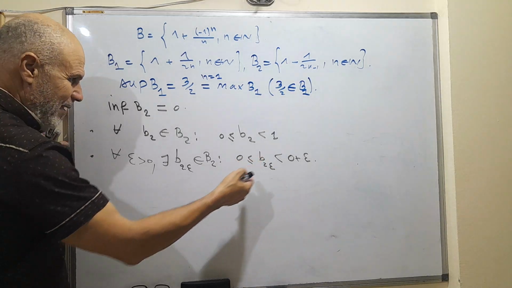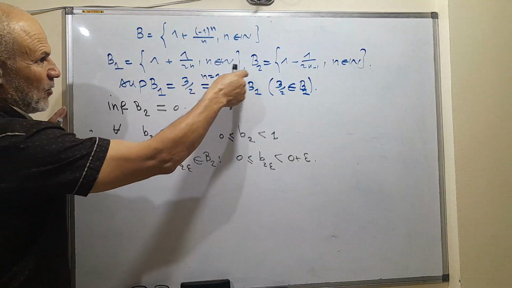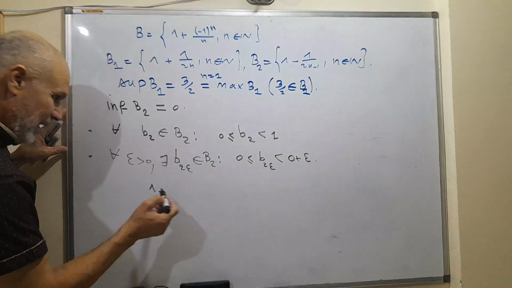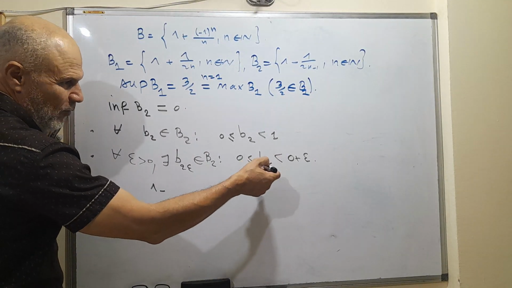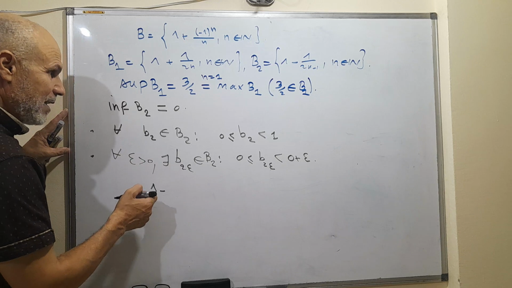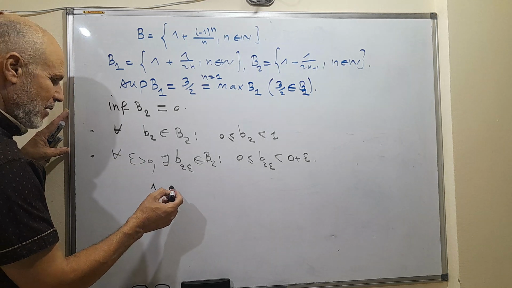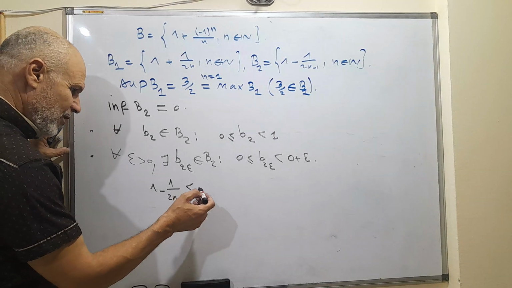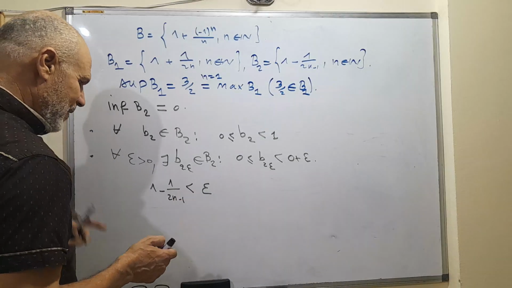If we translate this in terms of the element of B2, we will write 1 minus the form of b2 epsilon, which is 1 minus 1 over 2n minus 1, strictly less than epsilon.